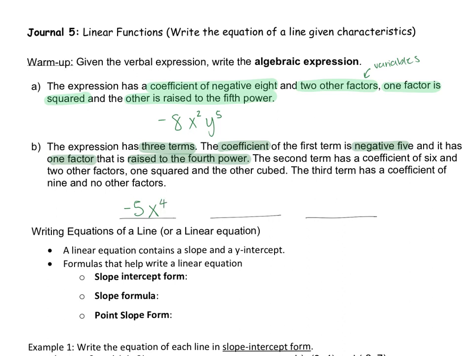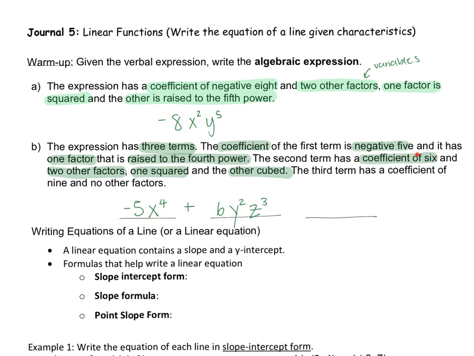And then our next term says the second term has a coefficient of 6, 2 other factors, one squared, the other cubed. So I'm going to write a coefficient of 6, 2 other factors, let's use different letters here. One is squared, the other is cubed. And because it was a positive 6, you need to have a plus sign to join these two terms.